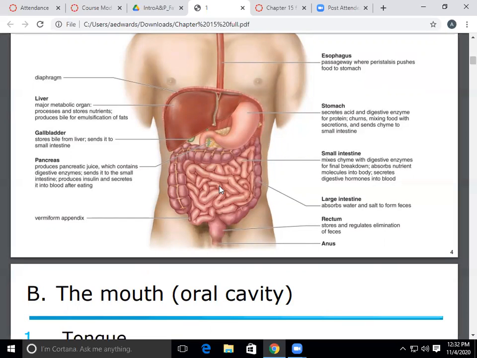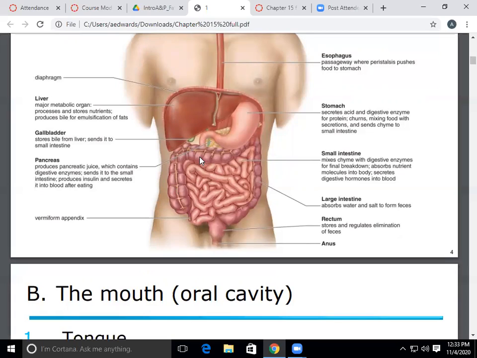Okay. Small intestine here. So it mixes that chyme with more digestive enzymes, continues to break down your food. It's also where most of your nutrient absorption occurs. Okay. Gets those nutrients into your bloodstream. And it also can secrete digestive hormones into your blood. Food then, or what's left of your food or chyme, moves into your large intestine.